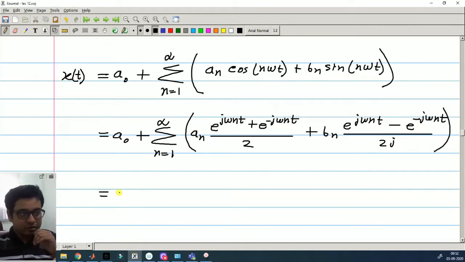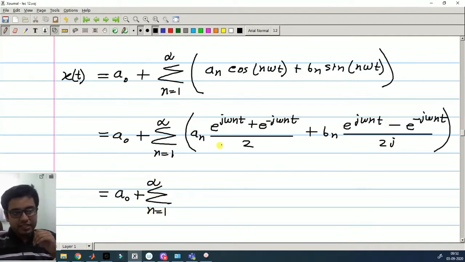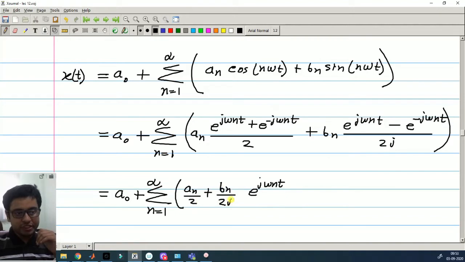Now you may write this by collecting e to the power j omega nt from here and here together: e to the power j omega nt multiplied with an by 2 plus bn by 2j.